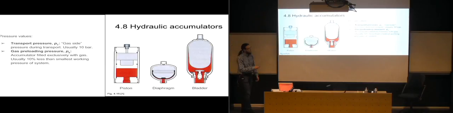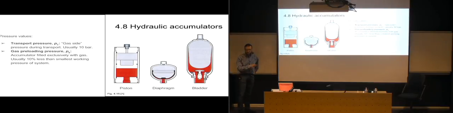So that's not going to work. But if you have 90 bars of pressure inside the bladder, it's going to slowly compress it. And if 100 bar was the lowest working pressure of your system, and you can boost it up to 150, maybe 200 bars, then you are really going to compress the bladder and start filling up all of the area here with hydraulic fluid that can be released.